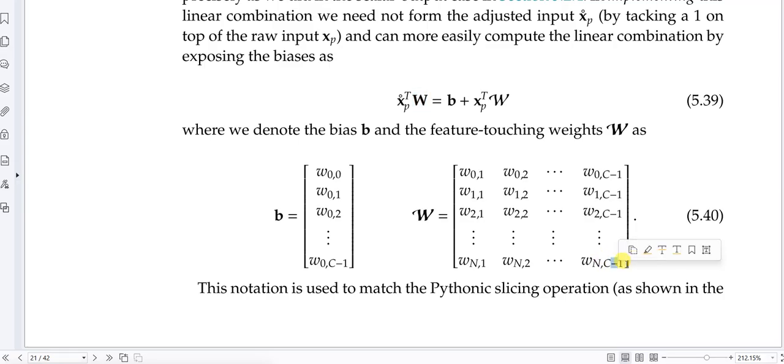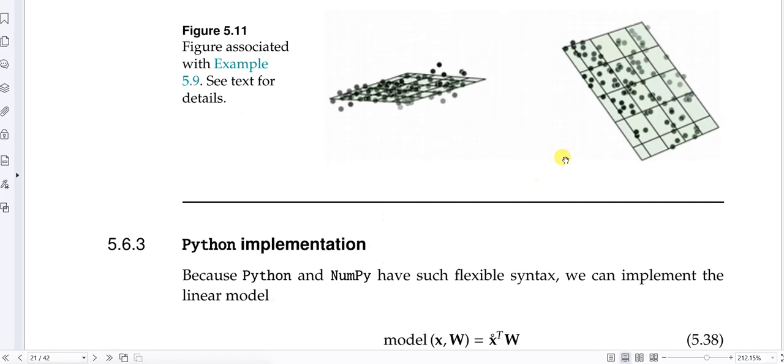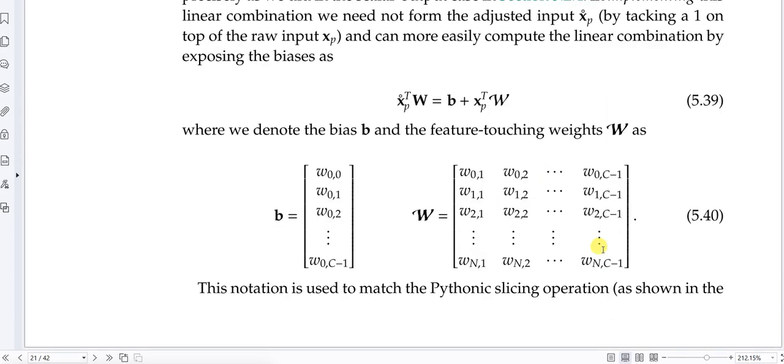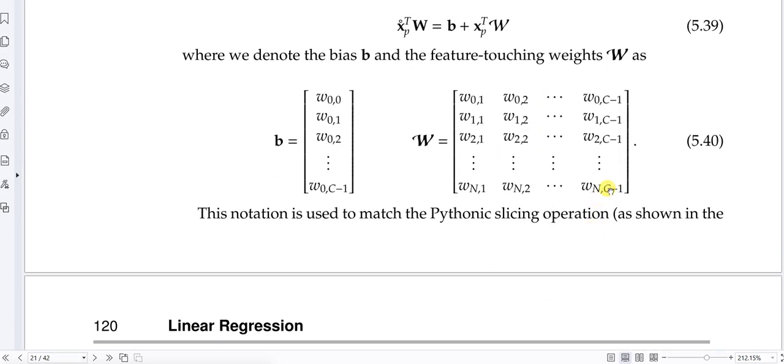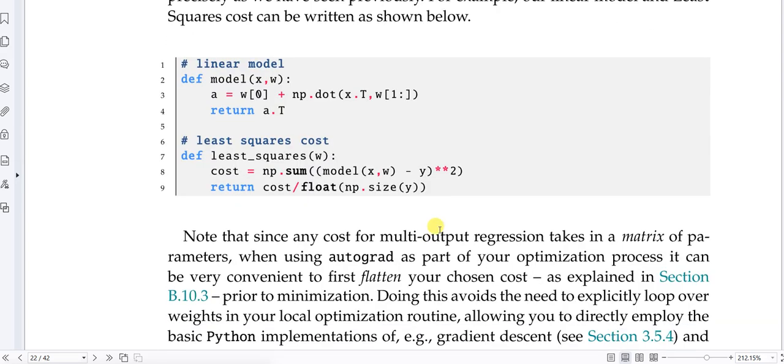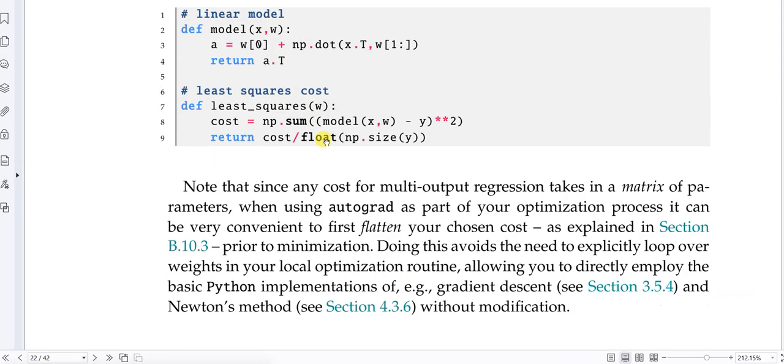In the last session we explained that. Here n equal to 2, c equal to 2. By using this model we can update the things here. The Python implementation is also explained clearly in this.